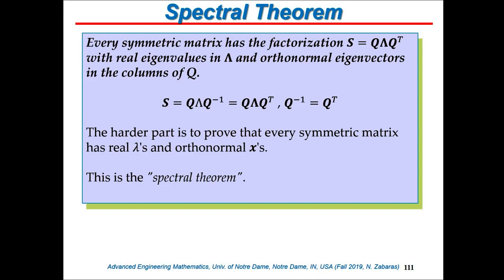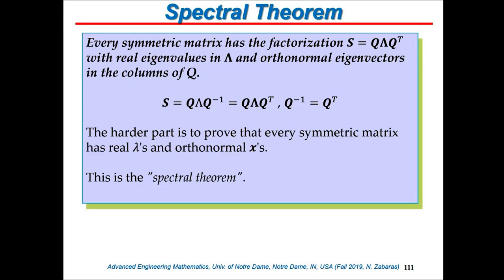Then effectively we have decomposed S into rank 1 matrices written down using one eigenvector at a time, in the form lambda 1 times Q1 Q1 transpose plus lambda 2 times Q2 Q2 transpose, etc.